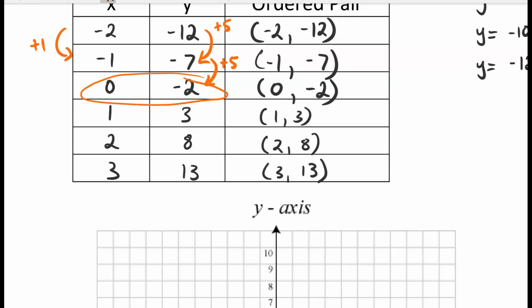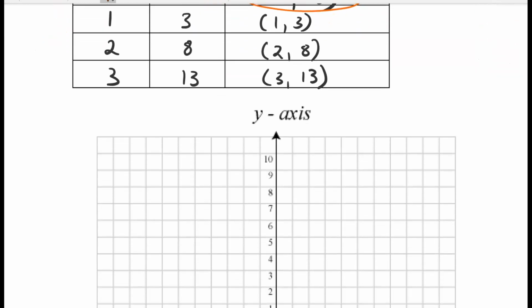So we can start with this one here, 0 and -2. So when x is 0, we start off looking at our origin, which is right here in the middle, 0, 0. If we start off there, x is 0 and y is -2.